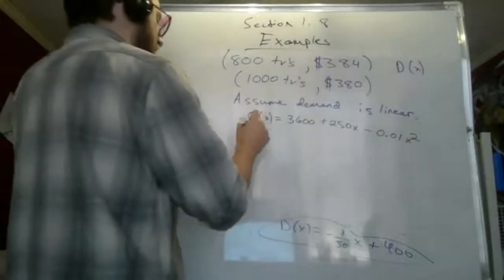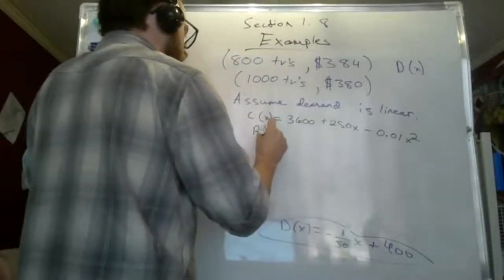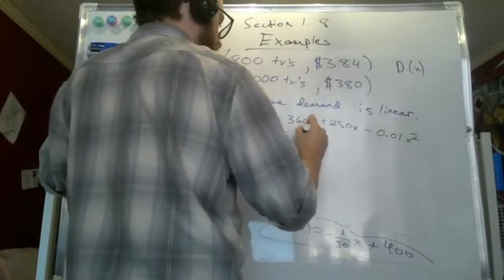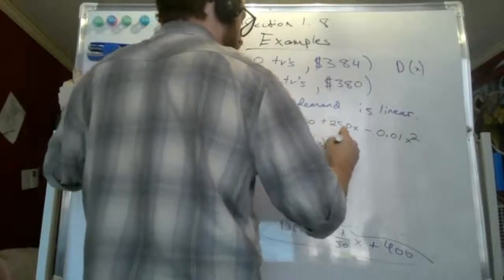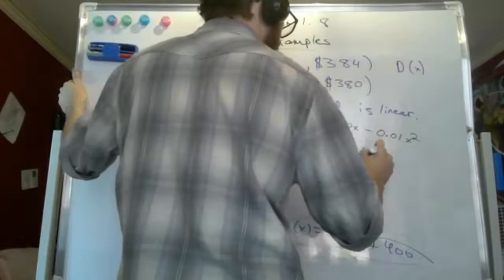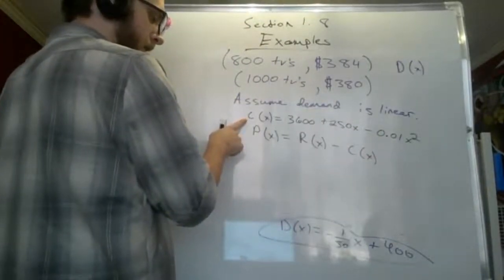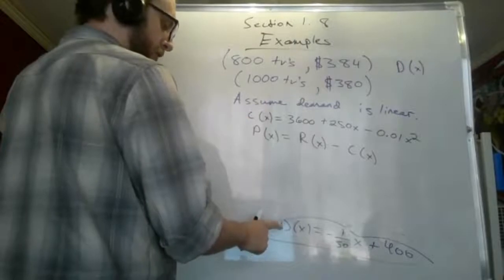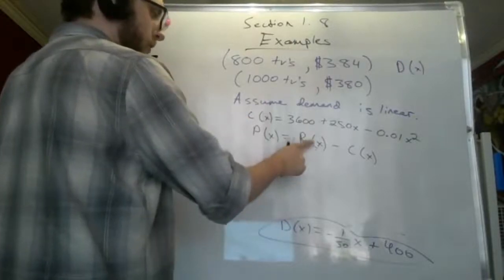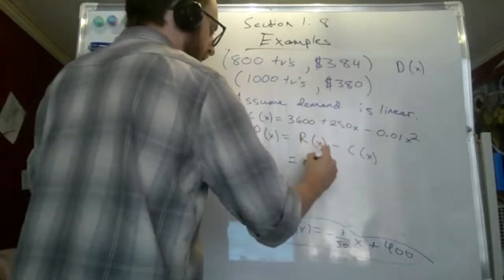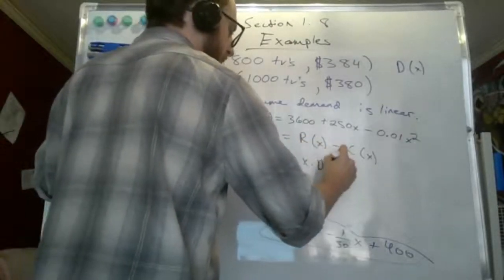So let's work backwards. We already know profit is revenue minus cost. Well, we already have our cost function, and we already have our demand function. We don't have our revenue yet, but recall that revenue is just x times our demand.